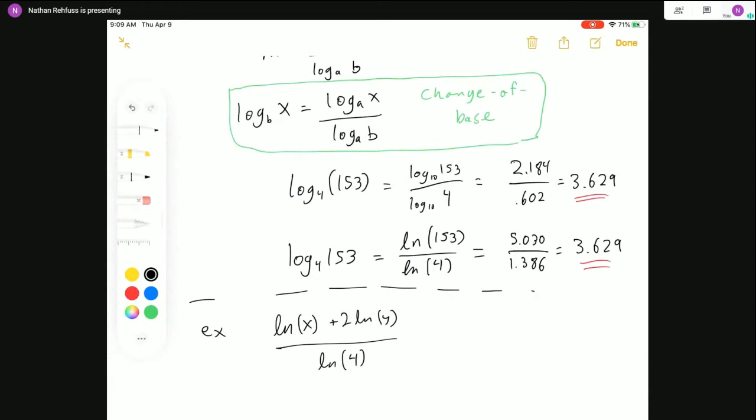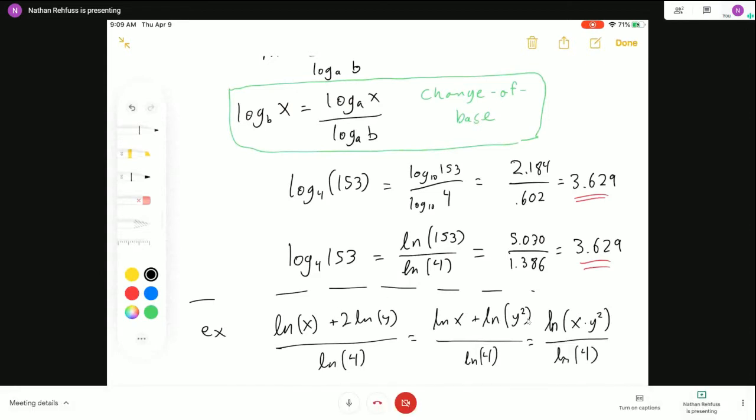The numerator is ln x plus ln y squared, and that's the log of x times y squared, over the log of 4. So I put the 2 inside with the power property. I put the x times y squared inside with the product property.